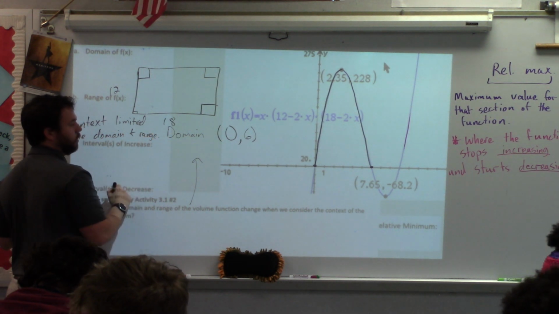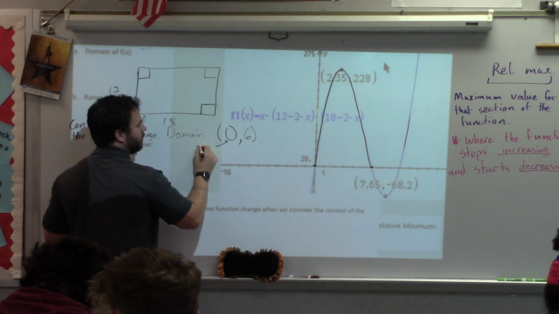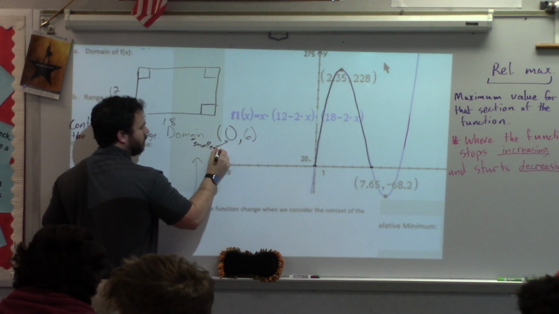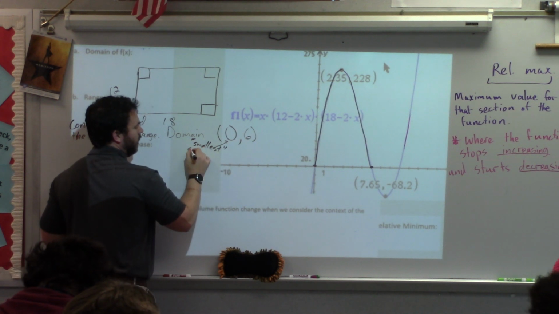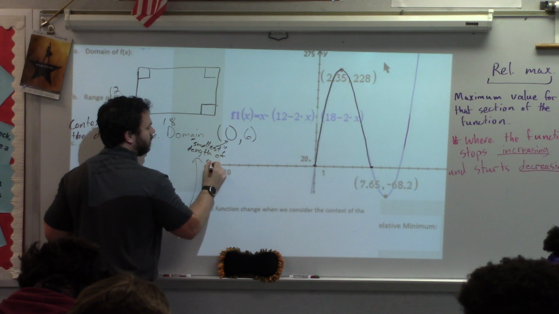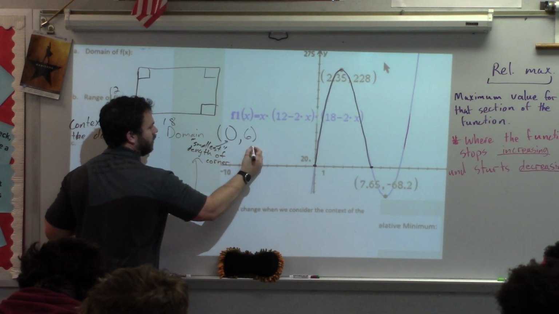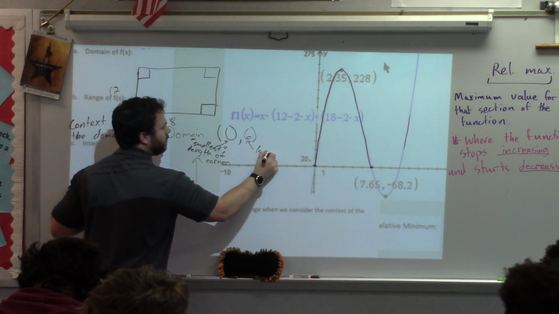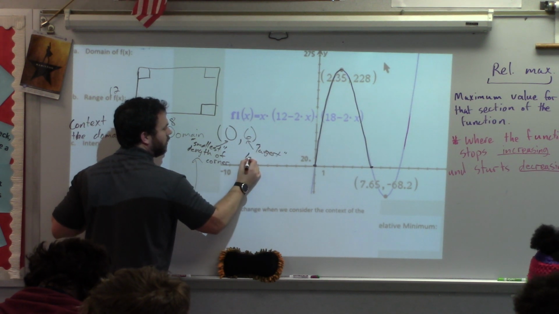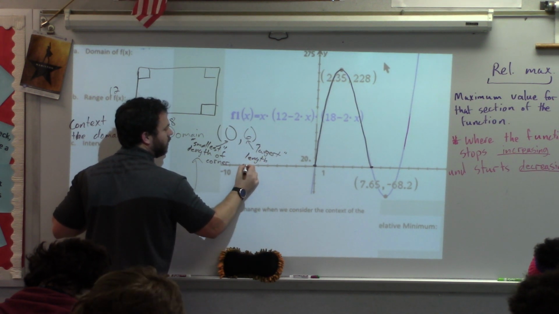It had to fit inside the real world. So, smallest length of corner cut and largest length of corner cut.